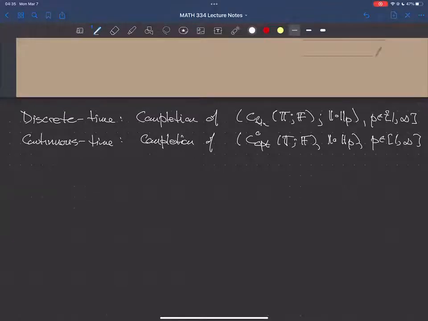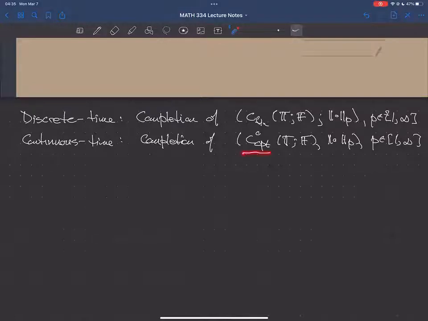So that's good, and this gave us large classes of discrete time signal spaces and continuous time signal spaces. The completions here we were able to describe relatively easily by making reference to sequence spaces.